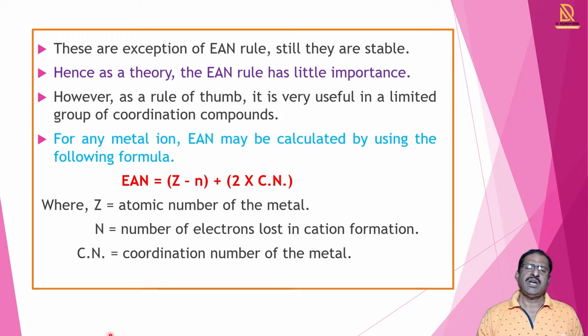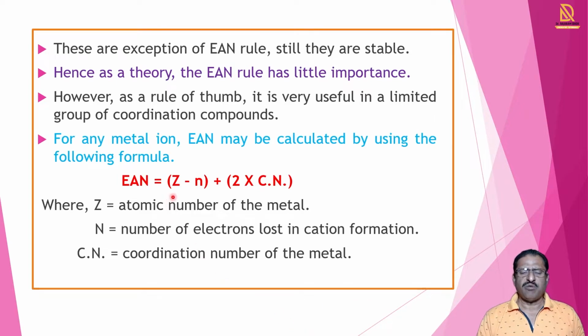If we take iron, the atomic number is 26, nickel atomic number is 28, like that. n means the number of electrons lost in cation formation, that is, how many electrons are lost in ion formation. And CN means coordination number.